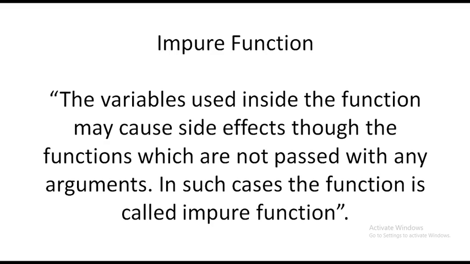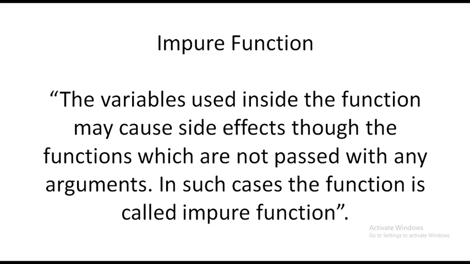The best example of an impure function is random. Random is not a user defined function. Random is a built-in function in the Python programming language. When you use the random function for 10 numbers, the first time it picks out any number randomly from the 10 numbers.